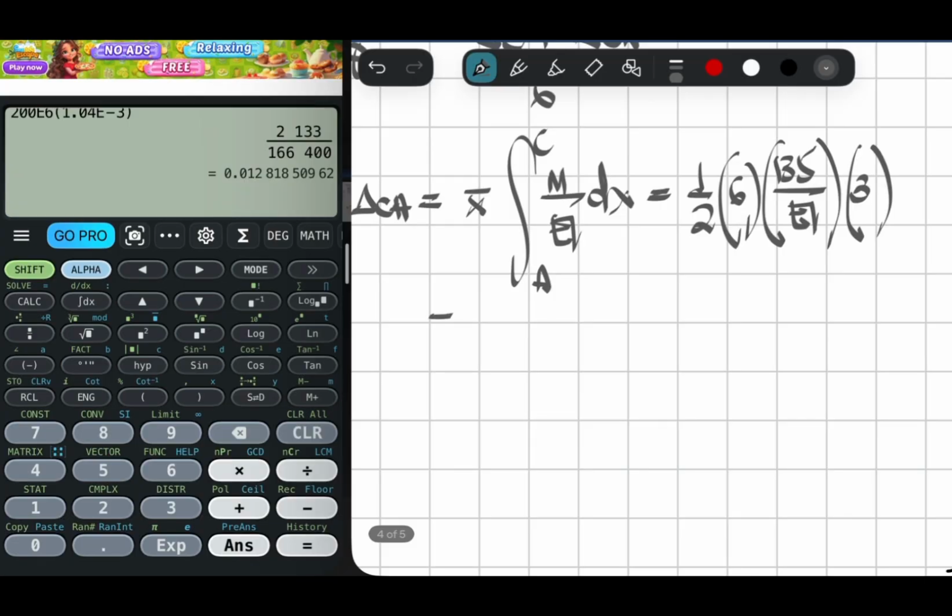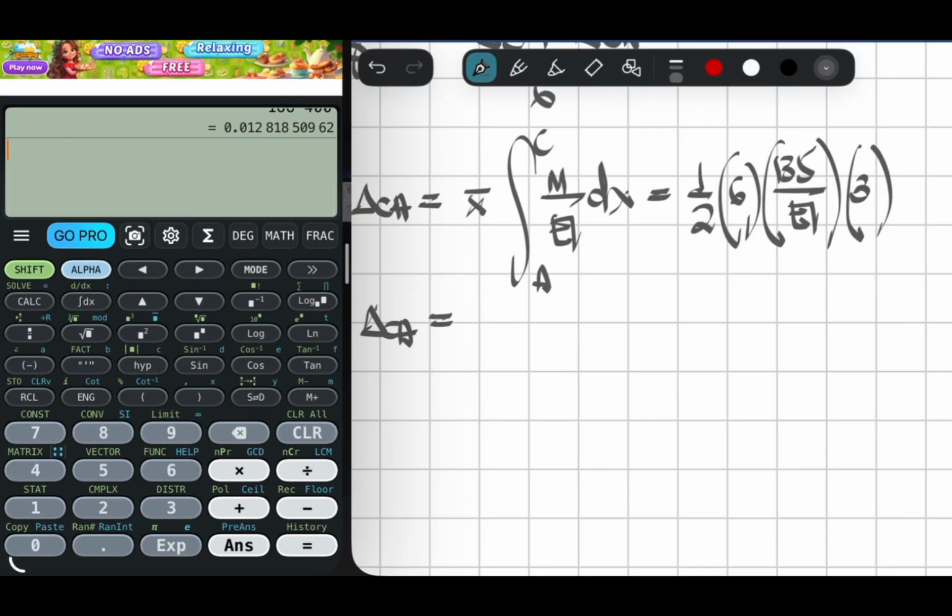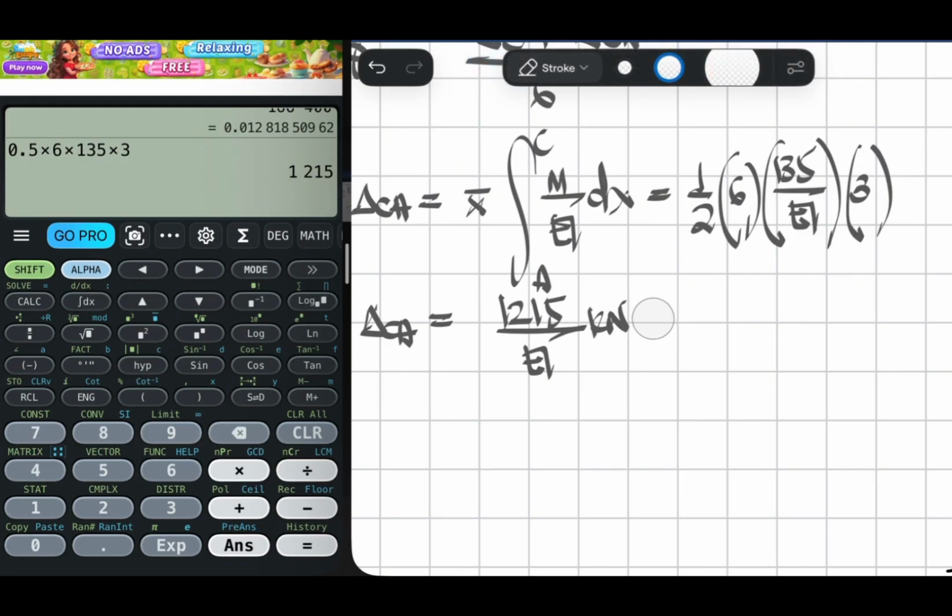So delta CA is equal to 0.5 times 6 times 135 times 3, which is 1215 kilonewton meter cube.